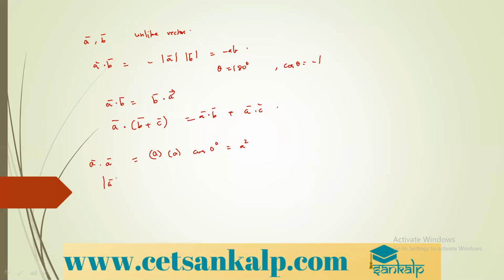That means magnitude of vector A square will be A dot A. That is, magnitude of vector A will be square root of A dot A.